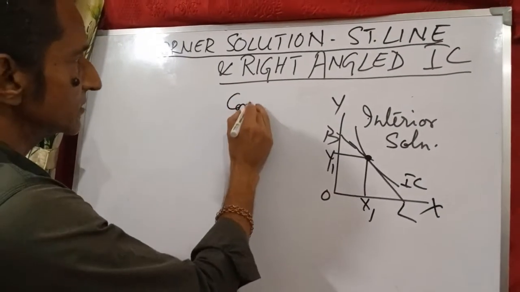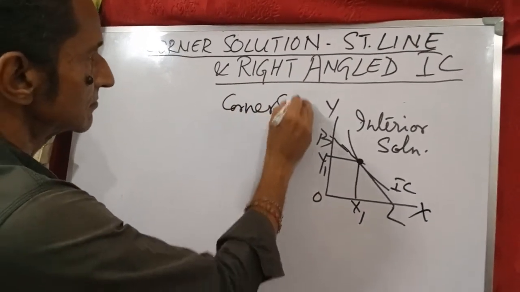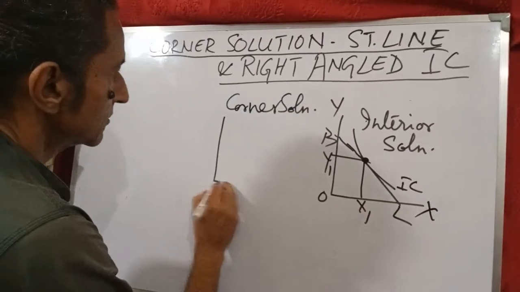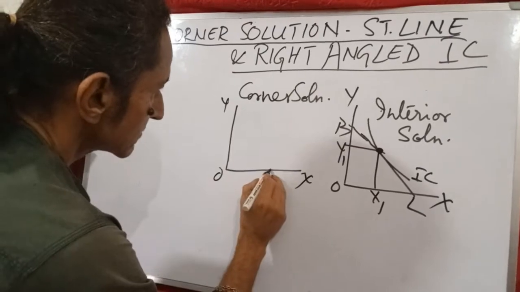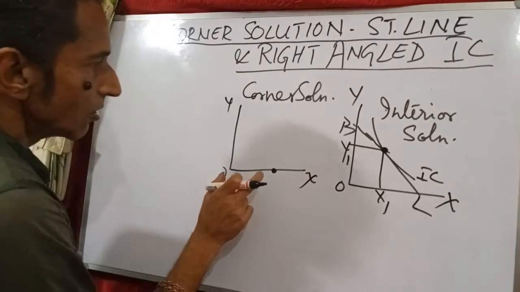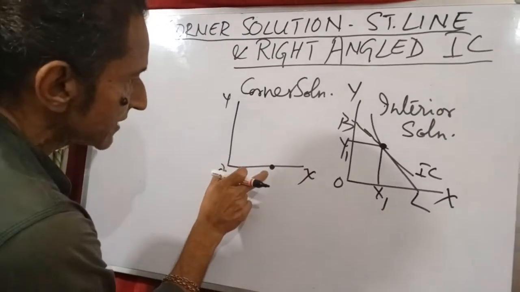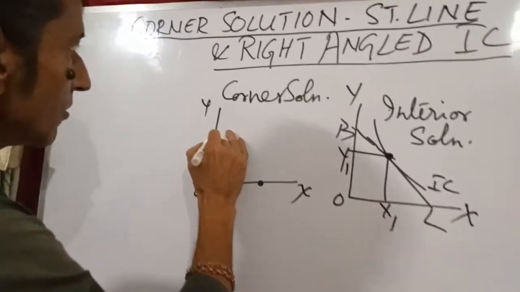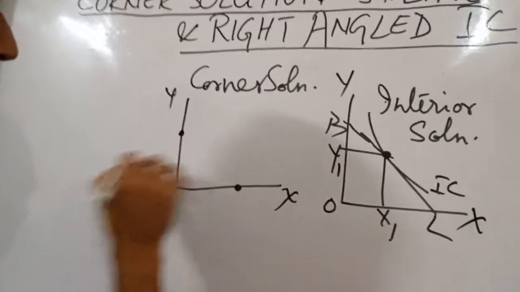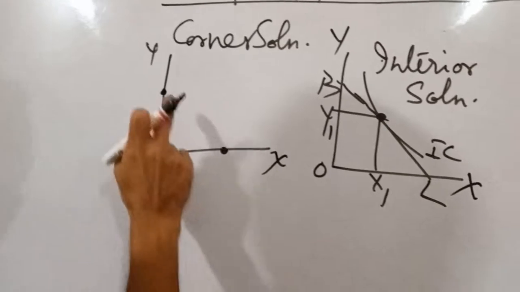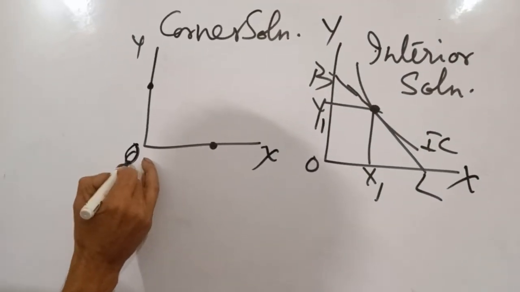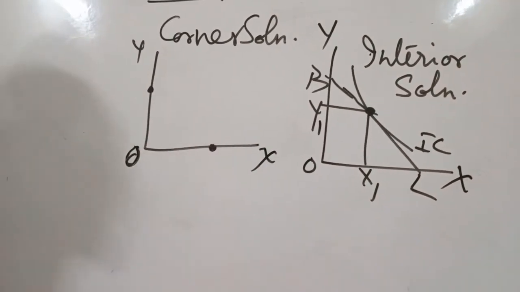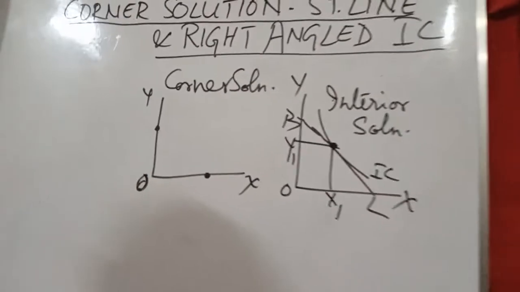So in corner solutions, we get equilibrium points either on the positive intercept of the x axis or on the positive intercept of the y axis, that is either here or here. Where actually the equilibrium point will lie depends upon the slope of the budget line.